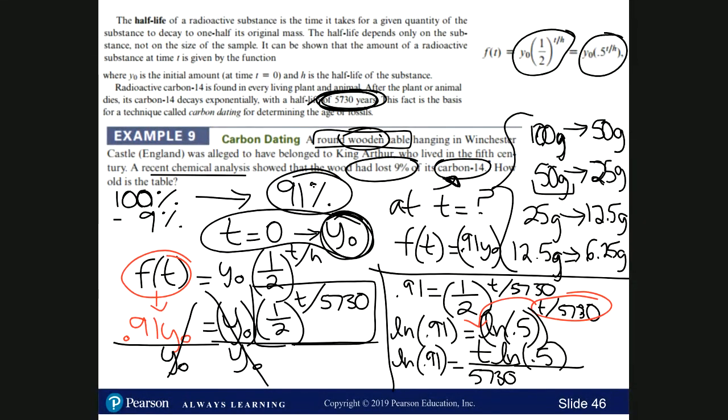Now one thing we can do is take this expression, multiply it by 5,730, and then divide it by natural log of 0.5. Or we could do that all at once. I don't have space for it, so I'm going to have to make some.